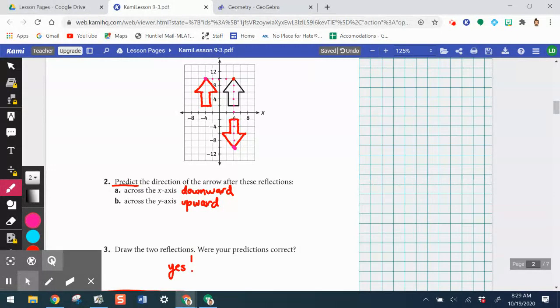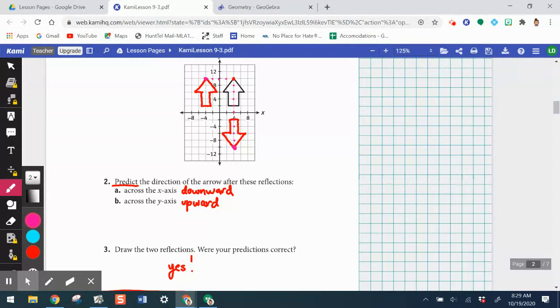So on item 2, A and B, you're supposed to predict, hopefully you did that, the direction of the arrow after these reflections. So a reflection across the x-axis would take this pre-image arrow pointing downward. And then a reflection across the y-axis, if we took that same pre-image arrow and reflected across the y-axis, it should still be facing up.